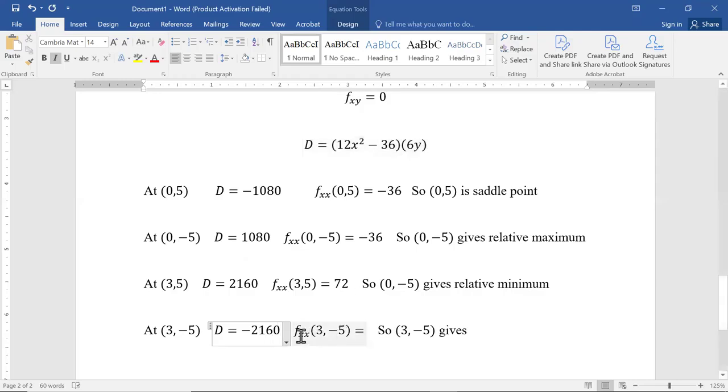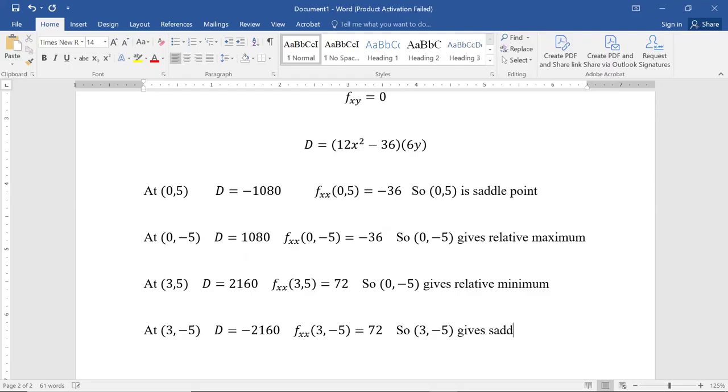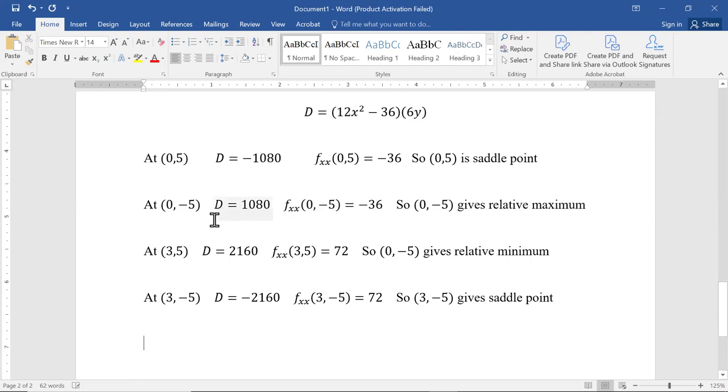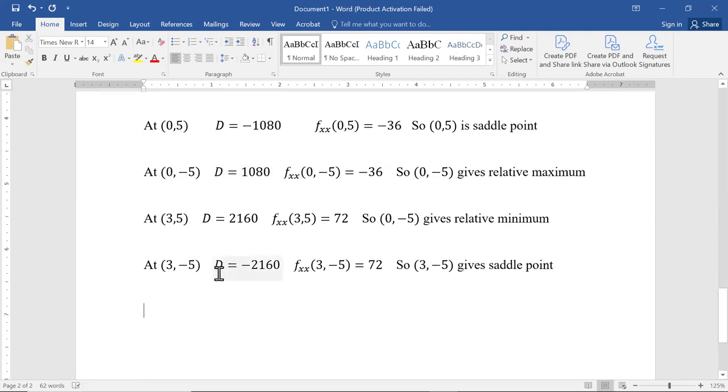At this point, I don't even care what that second derivative is when you plug in 3, -5. It's actually going to be 72, but it really doesn't matter because the D is negative. So 3, -5 gives a saddle point. Anytime D is negative, we get a saddle point.